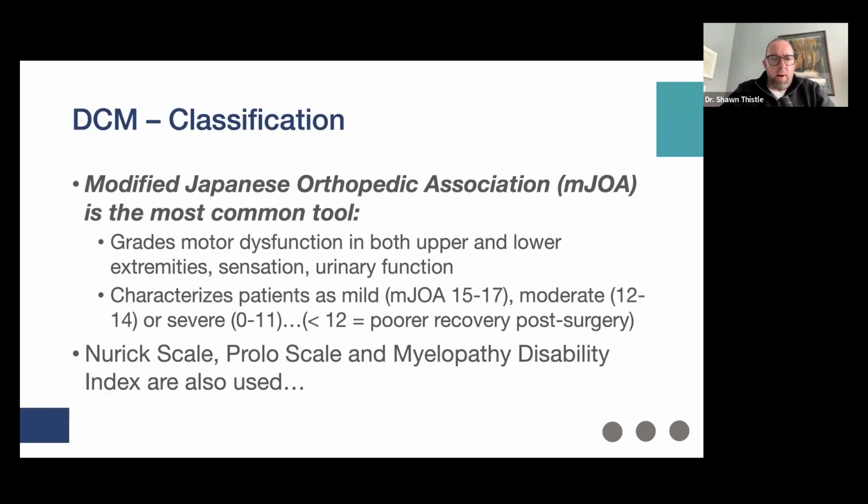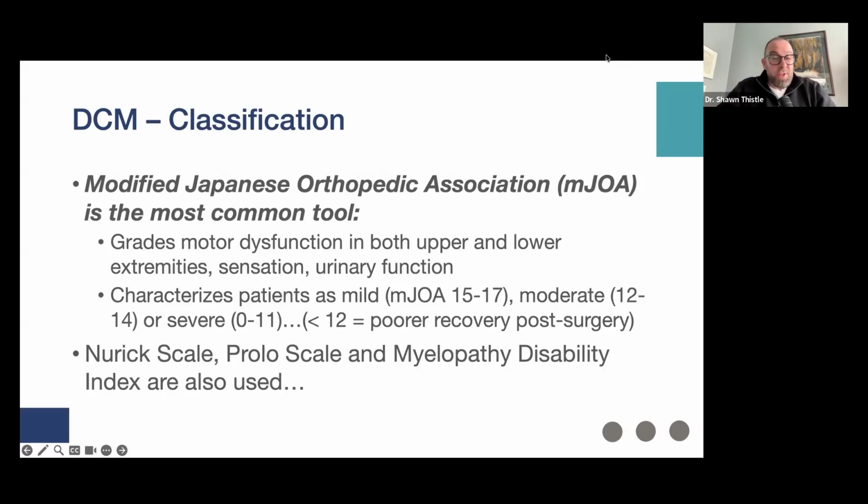It has a scoring chart on it, and it grades motor dysfunction in both the upper and lower extremities, sensation and urinary function, and then characterizes patients as mild, which is a score of 15 to 17 on the MJOA, moderate as the score gets lower, or severe. So the lower the score, the worse the person's condition is.